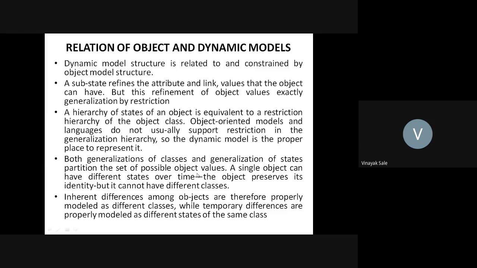The hierarchy of states of an object is equivalent to the restriction hierarchy of object classes. Object-oriented models and languages do not usually support restriction in the generalization hierarchy. So the dynamic model is a proper place to represent it.